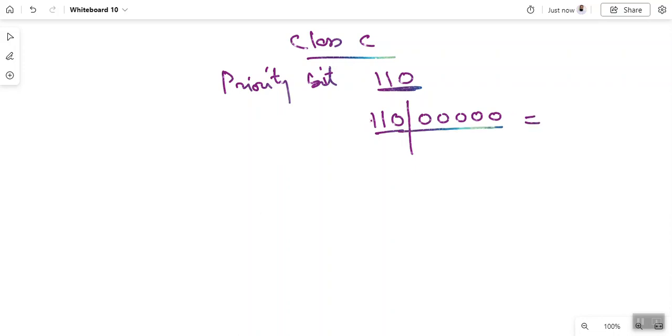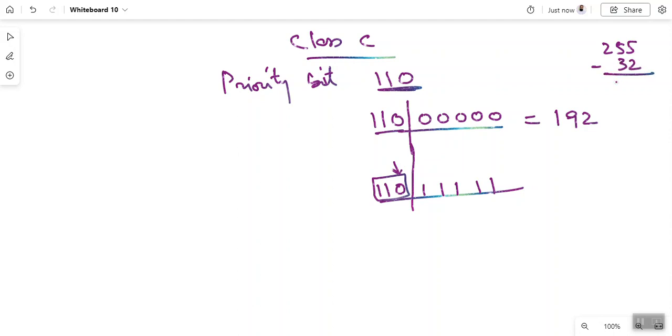Add these two numbers, 128 plus 64, which gives you 192. If all bits are ones, these priority bits remain constant, so we subtract 32. 255 minus 32 gives you 223, and that is the last IP address for class C.